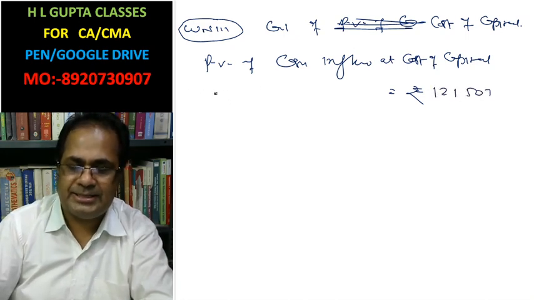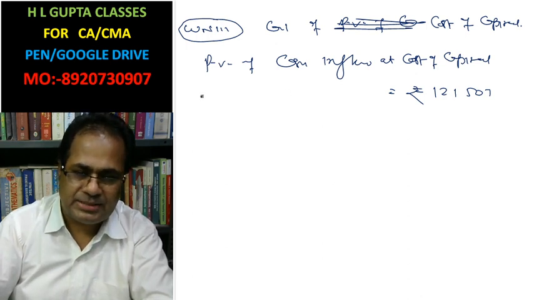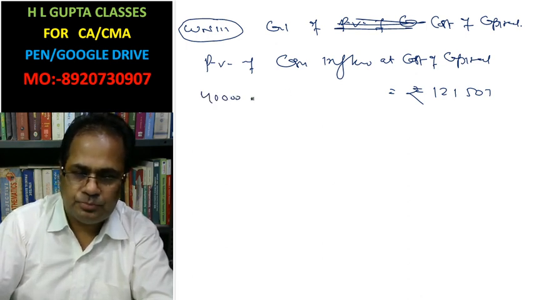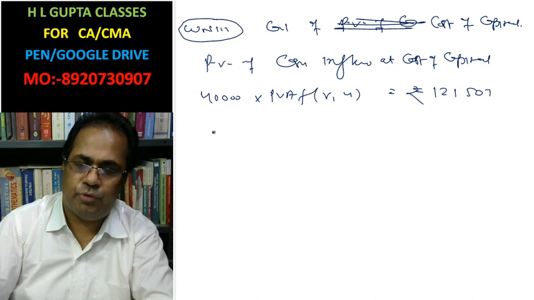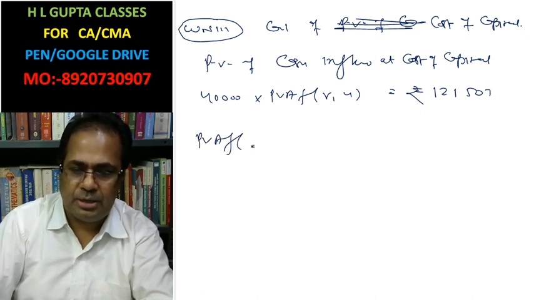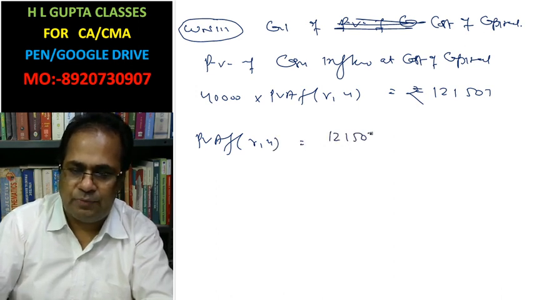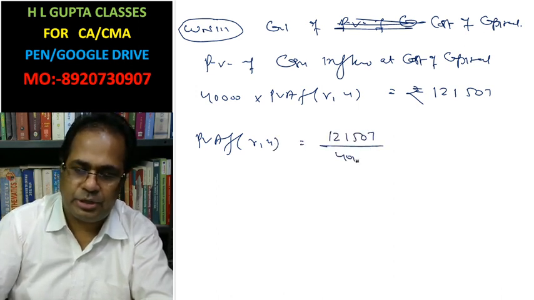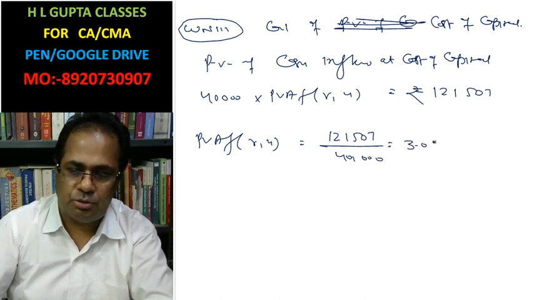This is present value of cash inflow, and this is 40,000 into present value annuity factor, R is the cost of capital, 4 years. Now present value annuity factor R4 is 1,21,507 divided by 40,000. This is 3.038.